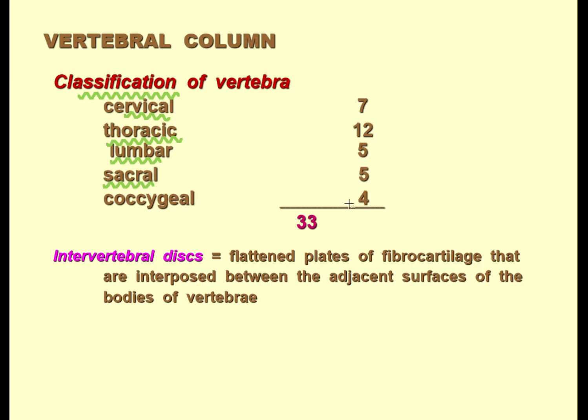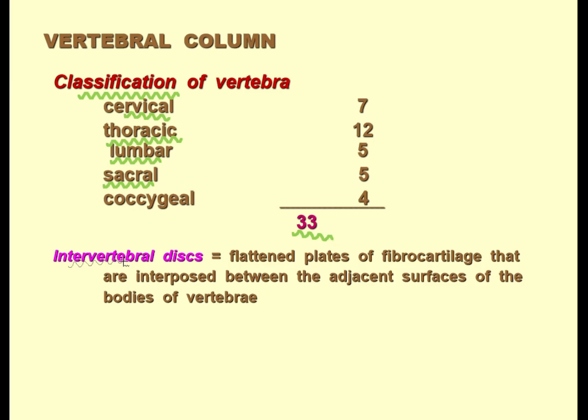So here it is 4 in number, but in an adult it is a fusion of 4 bones to form 1 bone, right. So here 33 bones are present in the vertebral column, but overall in an adult 26 bones are present, right.